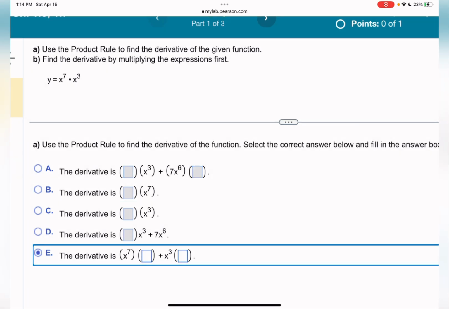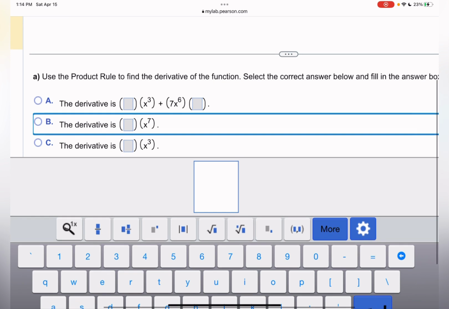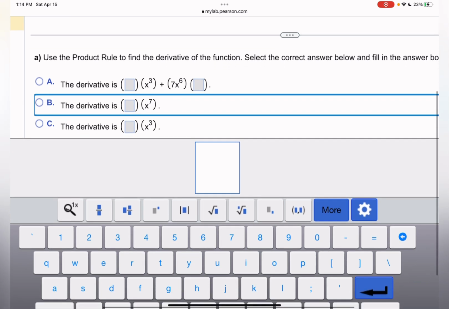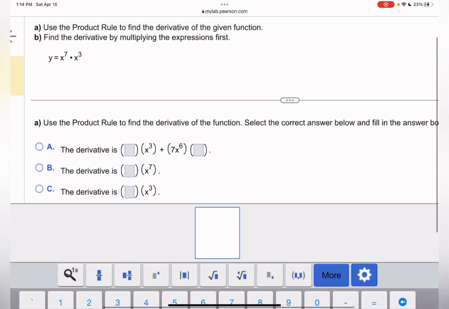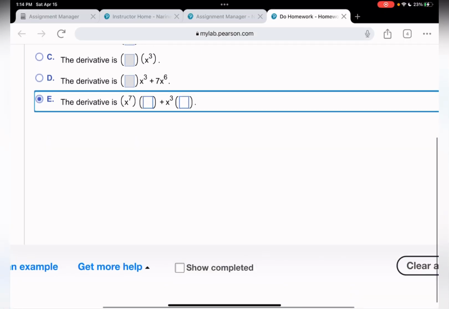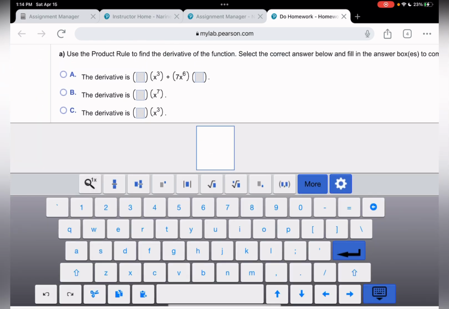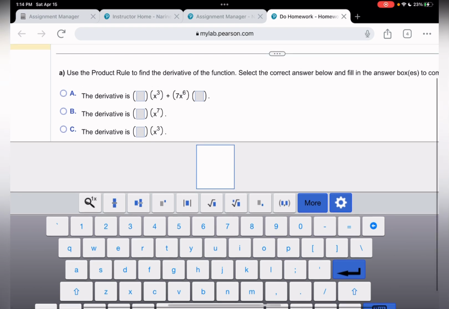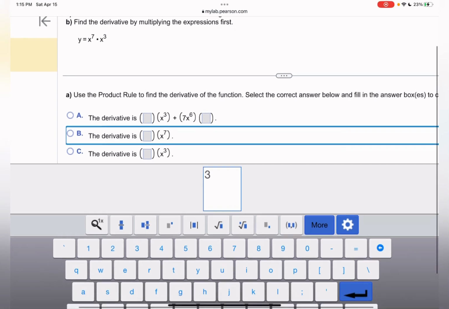So this one is going to be, we have x to power 7, multiplied by the derivative of x cubed. The answer is in D. It's going to be 3x squared, because that's the derivative of x cubed.